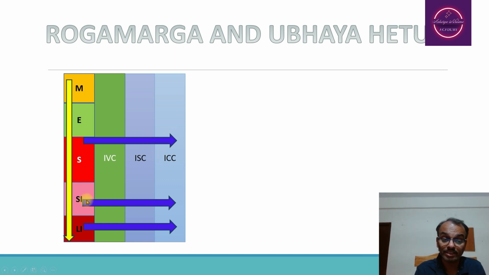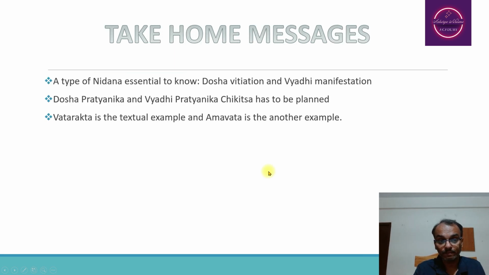If the person has pitta dosha vitiation, the pathogens may move from the small intestine into the intravascular compartment, and from there to the interstitial and intracellular compartments. If there is abnormal Vata dosha vitiation, the pathogens may move from the large intestine into the intravascular compartment, then the interstitial compartment, then the intracellular compartment.